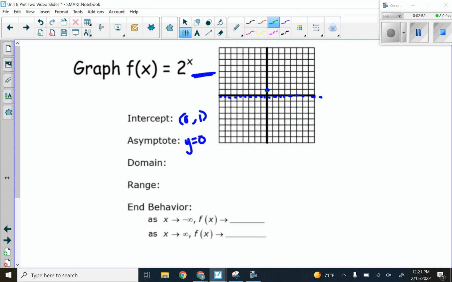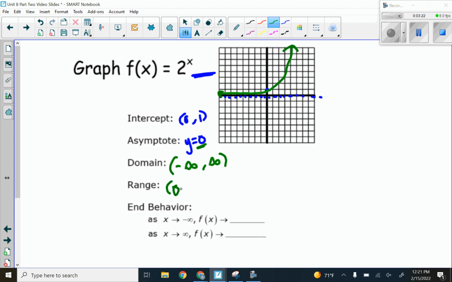So our line is going to get very close, but never touch, and then it's going to grow up exponentially. So our domain, with an exponential, will always be from negative infinity to positive infinity. However, our range, the lowest it will go is that asymptote.